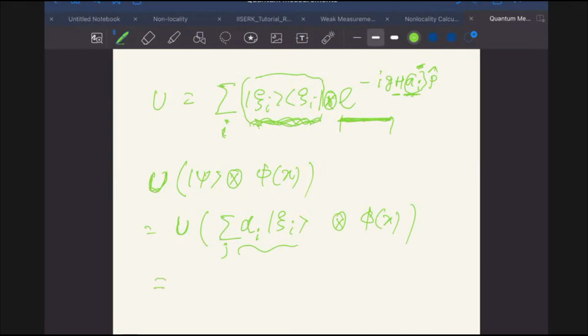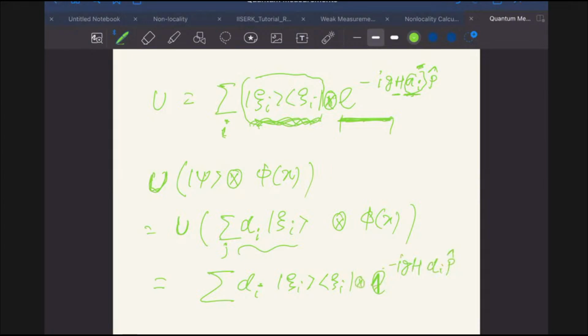So then I can write alpha I, j I, and this term will survive anyway, G H alpha I is P, right?